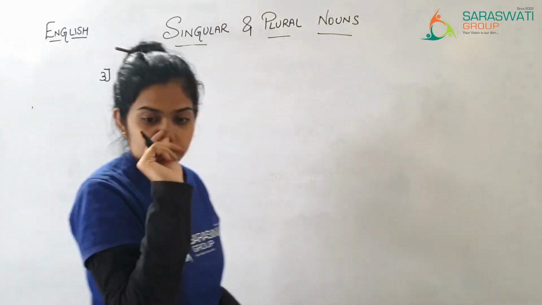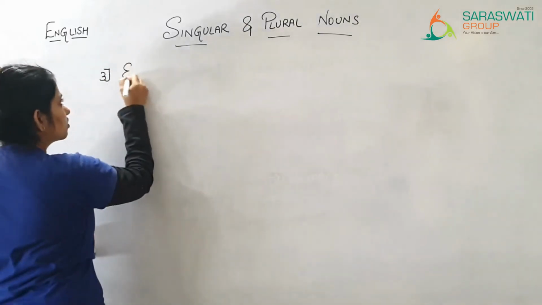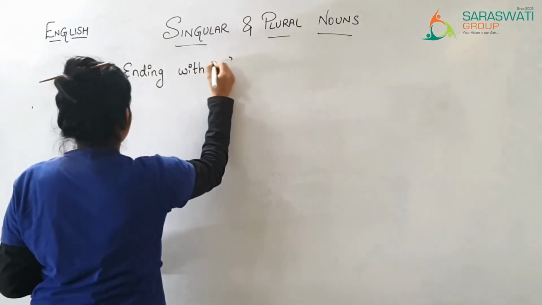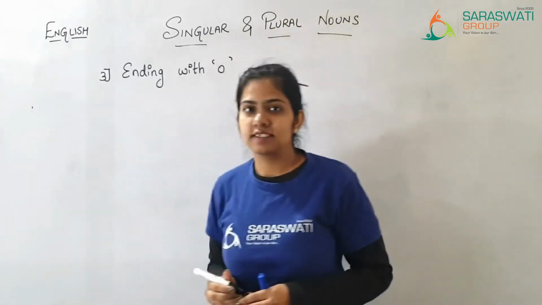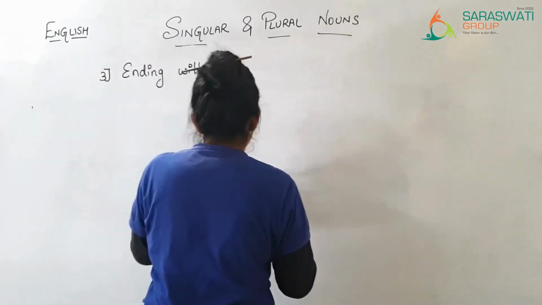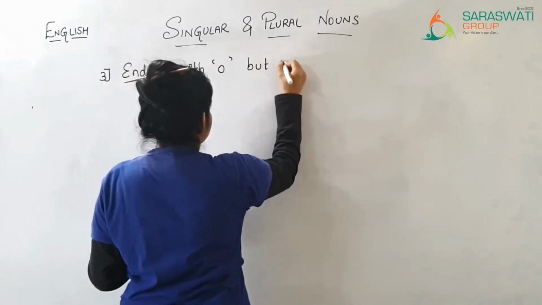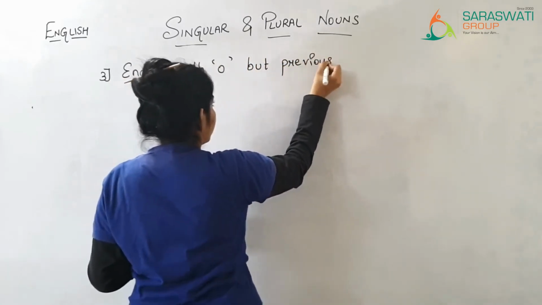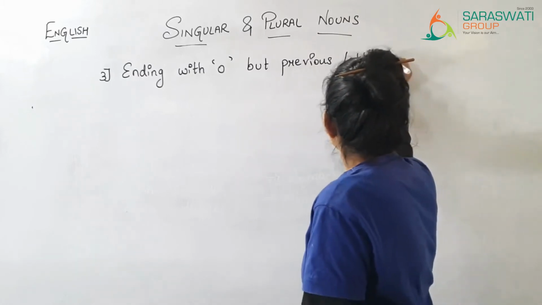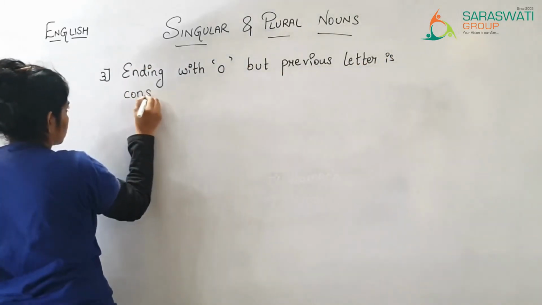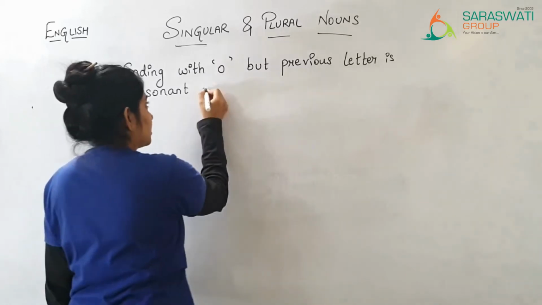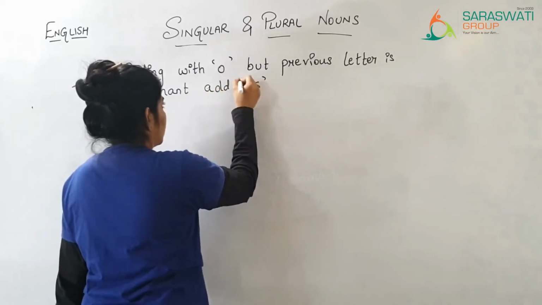Now comes our third rule, that ending with o. Ending with o, but previous letter is consonant, add es.